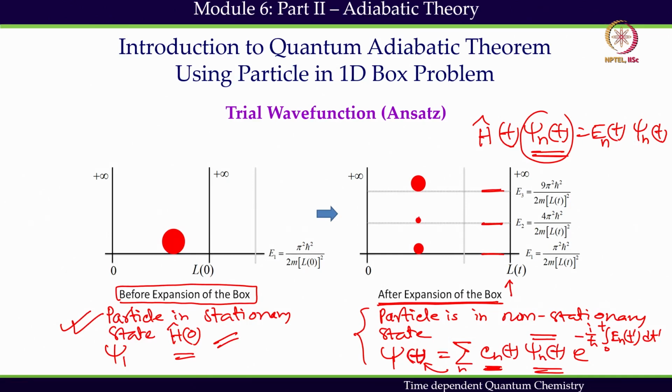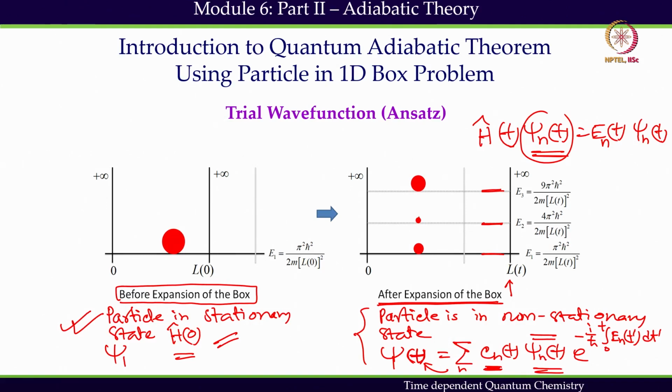If the population stays in the same state, then it is not a non-stationary state anymore. But if the population is spread over different states, it means that all states are going to contribute. It is more like a superposition, and the moment I have superposition, it is called a non-stationary state.